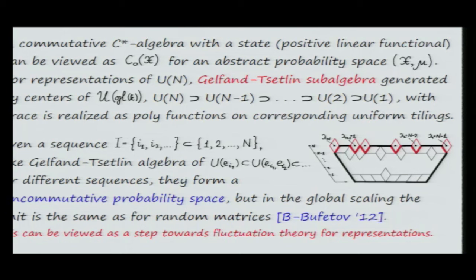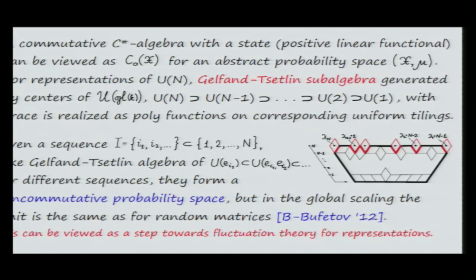And so by abstract theorem, if I have a commutative subalgebra with a trace, it needs to be the algebra of functions on the spectrum, on something, with a measure in it. And so for the particular choice of something called Gelfand-Tsetlin subalgebra that's generated by centers of the universal enveloping algebras here, the spectrum will turn out to be tilings like that with the uniform measure on them. Okay? So that sort of lifts me into the setting of non-commutative probability.